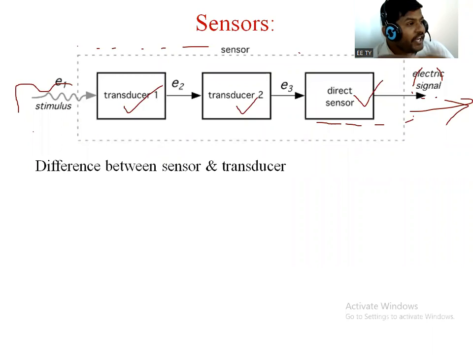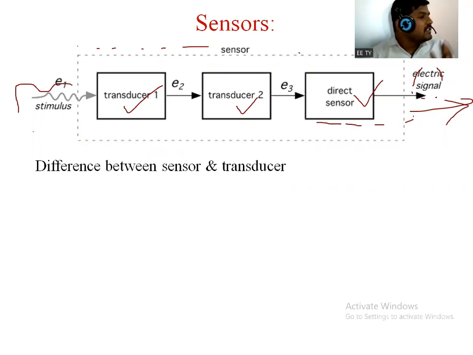Here also it may include a transducer, but again there should be some physical input and it will respond in the form of electrical output, right? But here some transducers can be included. So to make a complex sensor, some transducers are required, right? Where the complex sensor is there, the transducer is a part of that complex sensor.